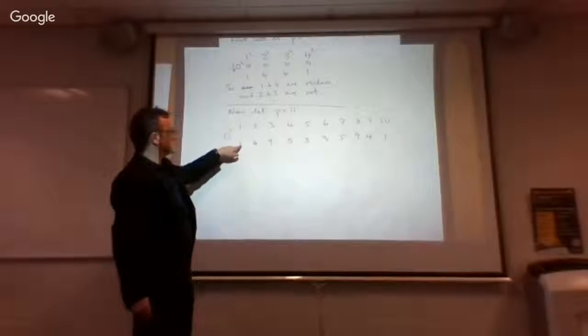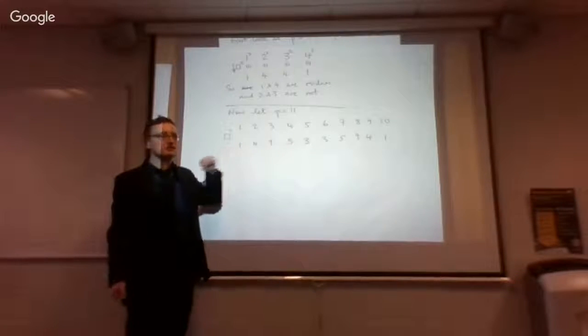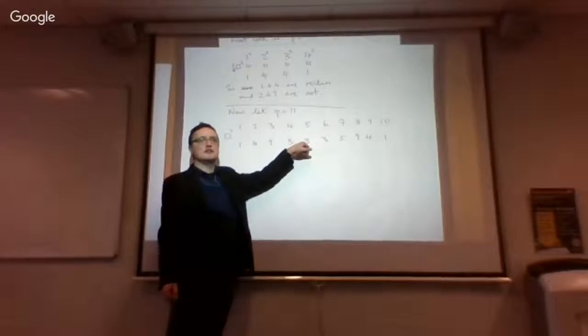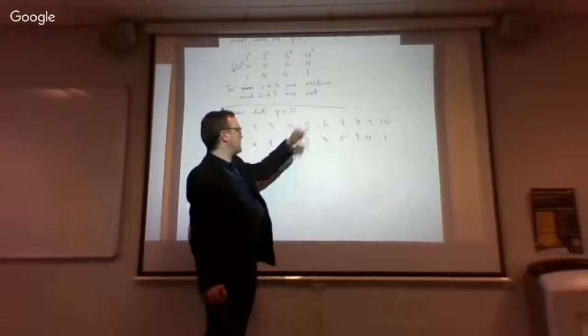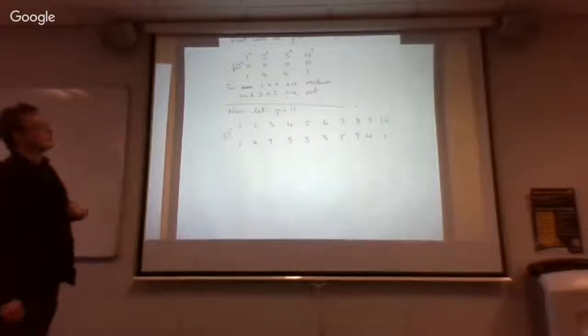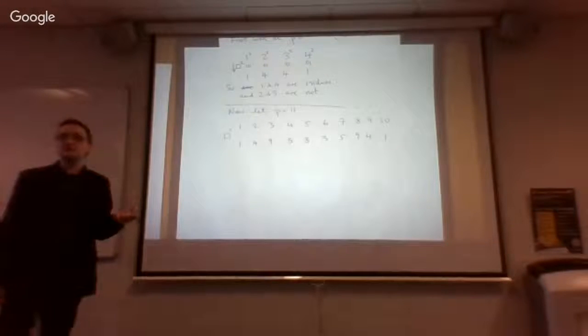Now, of course, we do indeed see that 1, 4, and 9 are squares. They look like square integers anyway. But we also find that 5 and 3 are squares. So if you square 4 or 5, you get respectively 5 or 3. But 6, 7, 8, and 10 are not residues.